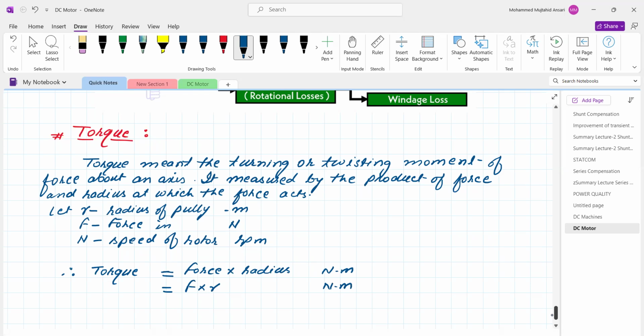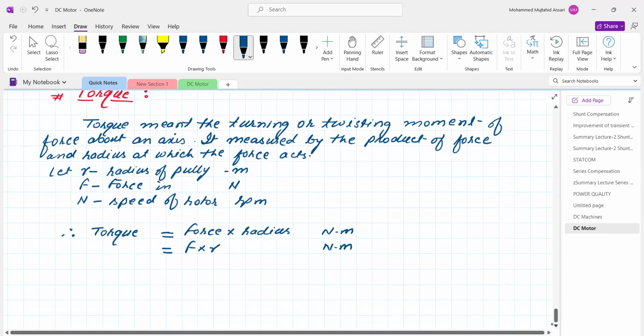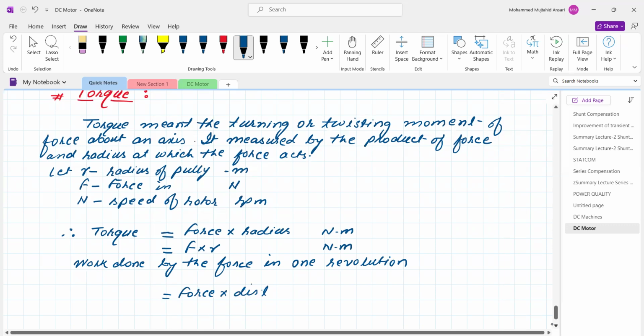Now, therefore, the work done by the force in one revolution is equal to force into distance.